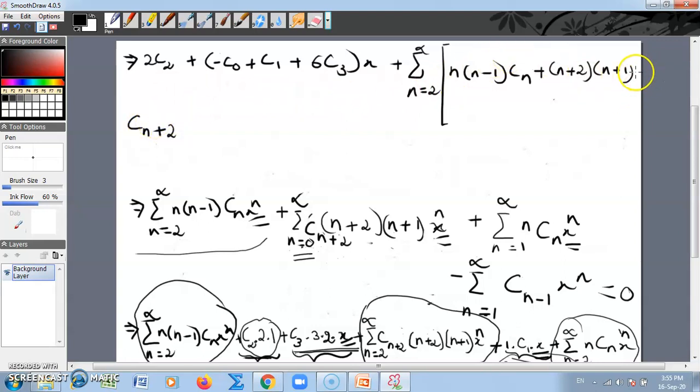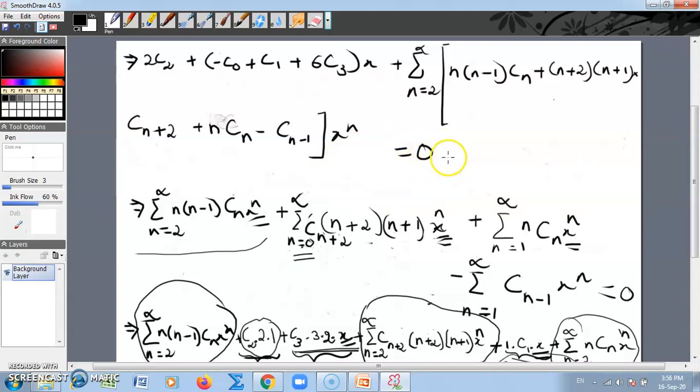See, we have a multiplied by sign here, plus n multiplied by c, sorry, it should be like this, plus n into cn minus cn minus 1, whole multiplied by x to the power n. You see, all of them have x to the power n here, like this, which is equal to 0.